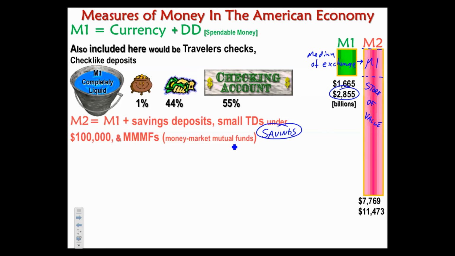But the true definitions are: M1 is currency plus demand deposits, so it's spendable money. And then M2 is the M1 measure plus savings accounts that are less than $100,000. Small time deposits, those would be like certificates of deposit. Money market mutual funds, those are all part of the M2.